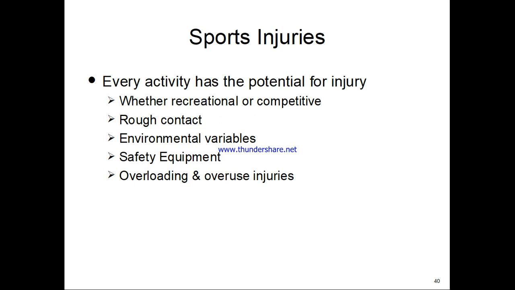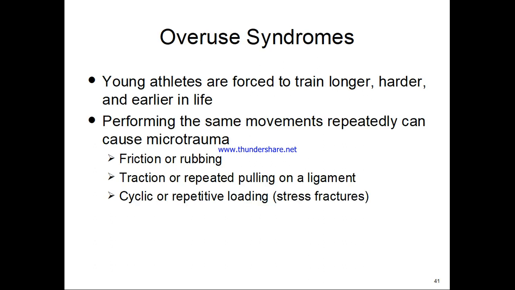So there are some that are slightly more risky than others. There are variables in the equipment used. What type of equipment are they playing with? What type of safety equipment is available to them? And are they wearing it? Is it properly fitted? And then there's also injuries called overloading and overuse injuries, which we'll get into next.